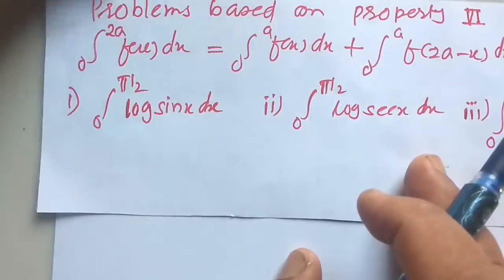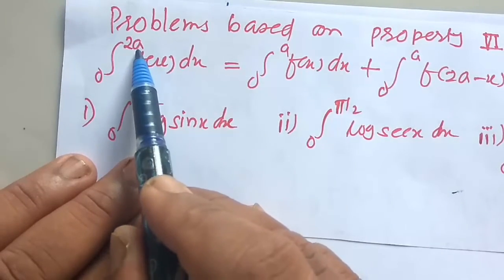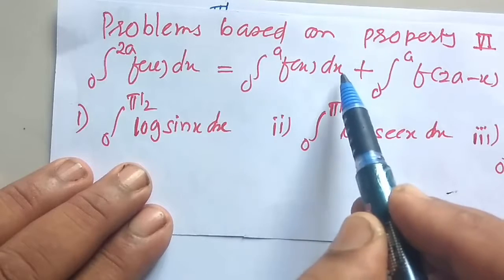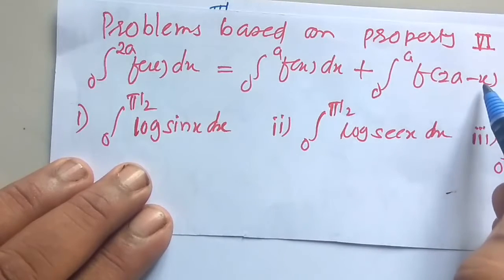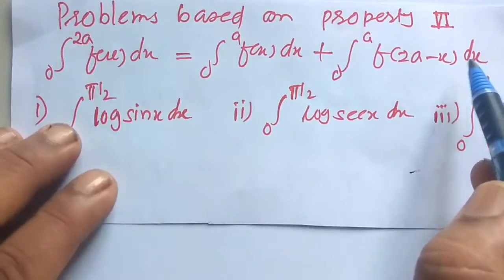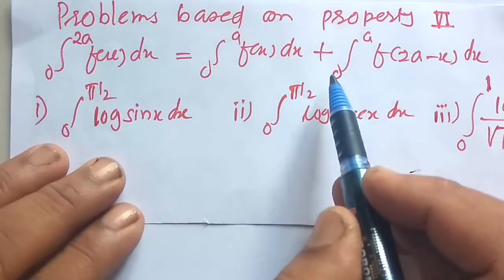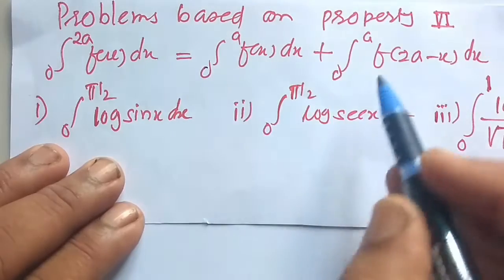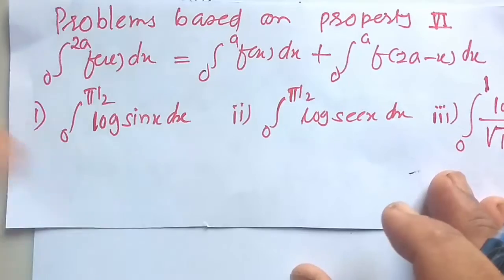Property number 6 is integral 0 to 2a f of x dx is equal to integral 0 to a f of x dx plus integral 0 to a f of 2a minus x dx. The problem based on this property is somewhat difficult and students should remember or know the examples based on this property.